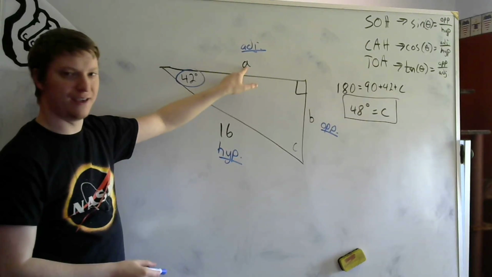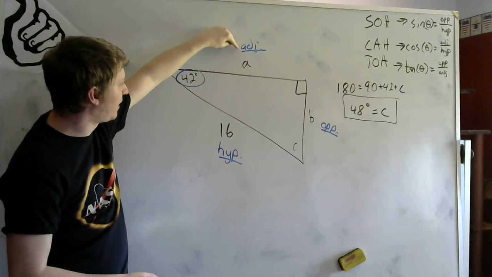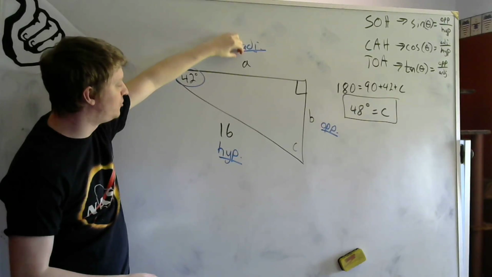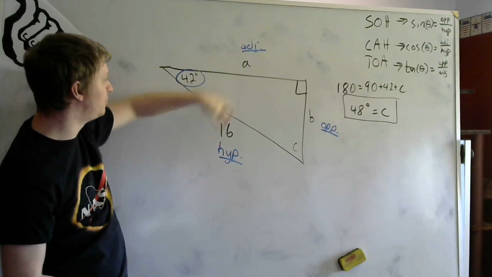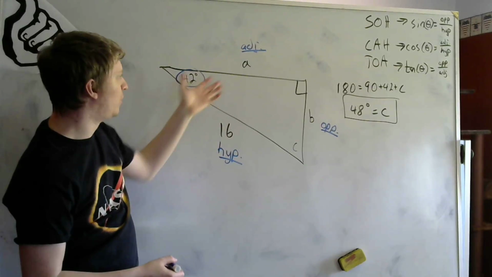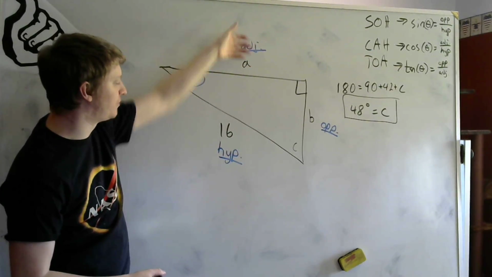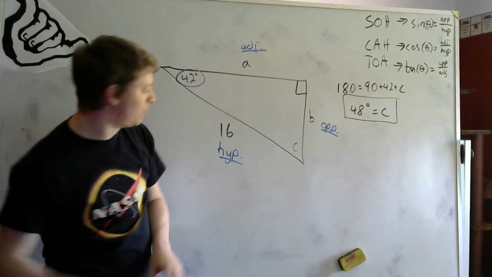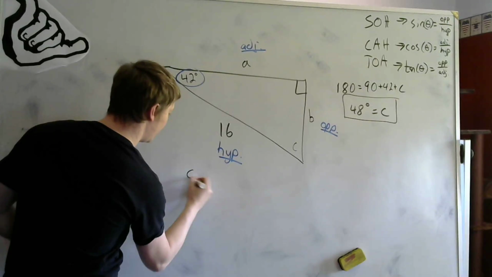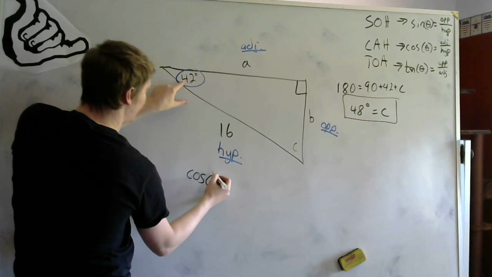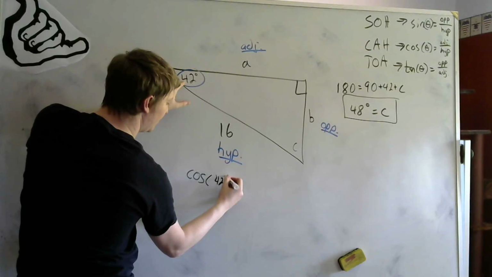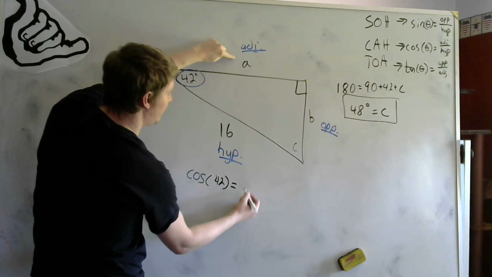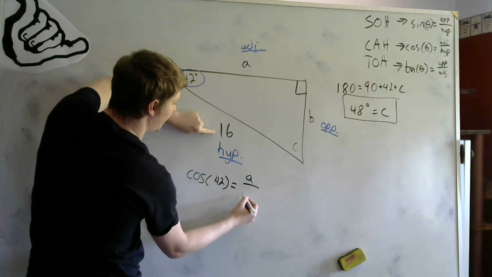I can figure out A because I'd be wanting the adjacent, and I have the hypotenuse, and I've got my angle. What trig function uses adjacent and hypotenuse? It's the cosine. So let's go with the cosine. Cosine of 42 degrees is equal to the adjacent divided by the hypotenuse.